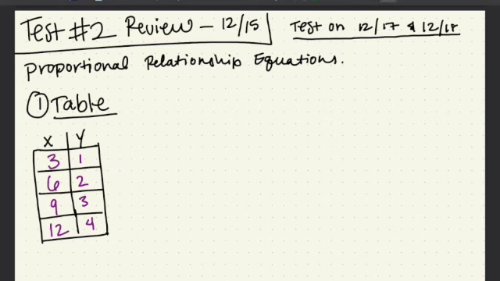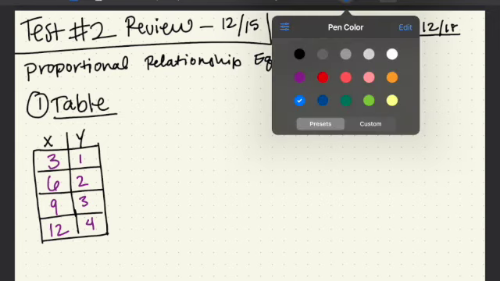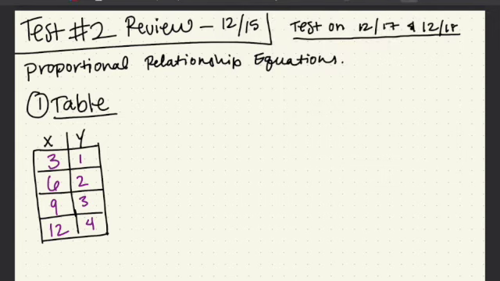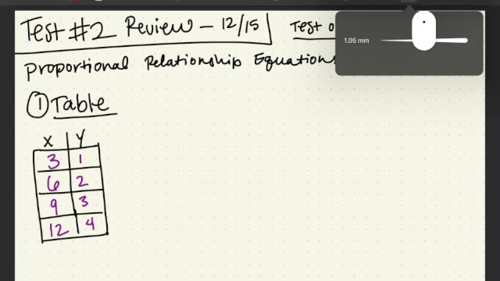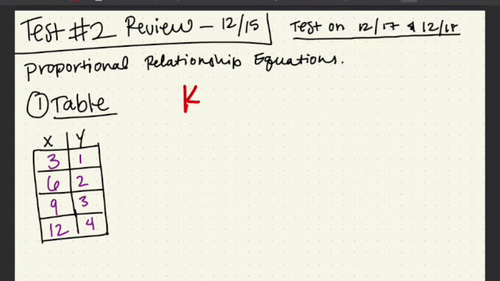Now, when we're writing proportional relationships, the master equation that we're going to be using is y equals kx. What we're finding when we write these equations is what the value of k is going to be.